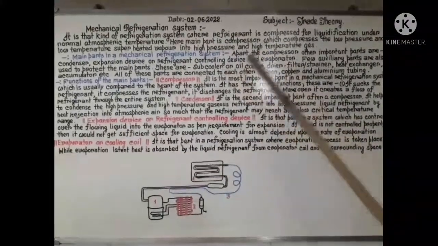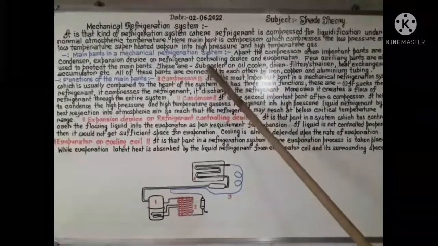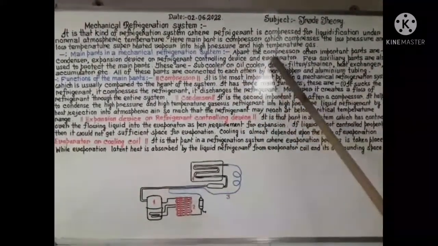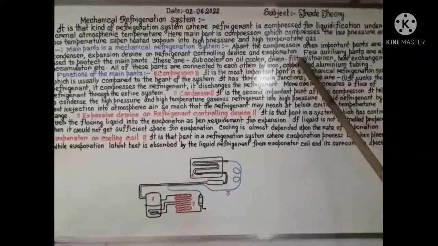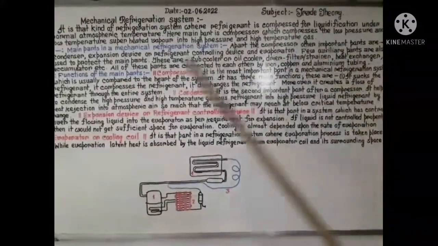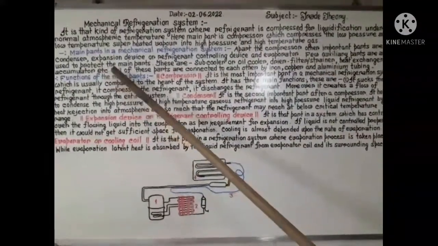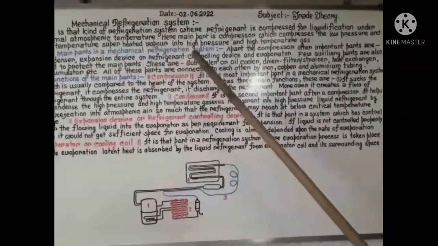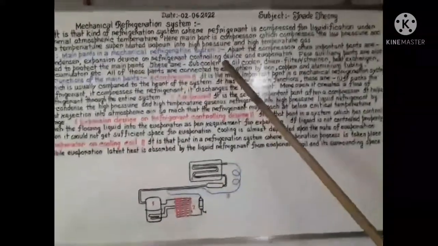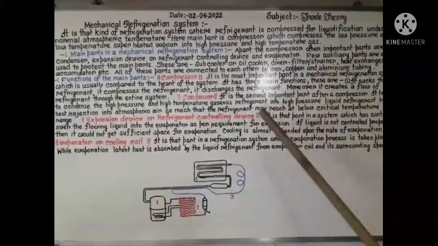So a few auxiliary parts are also used. These auxiliary parts are the subcooler or oil cooler, the dryer and filter, or we can say dryer and strainer, the heat exchanger and the accumulator. Mainly in a domestic refrigeration system, these four auxiliary parts are very much preferable.